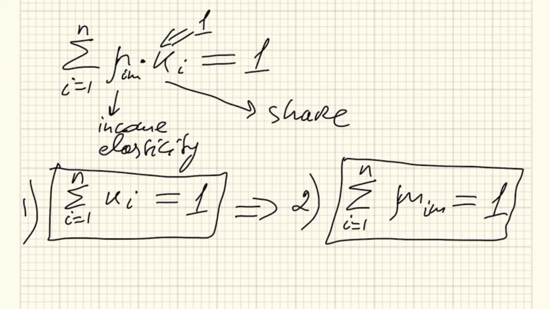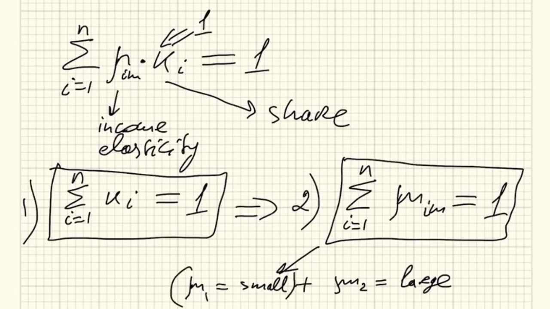What can you tell me about the summation of income elasticities being identical to 1? Well, some income elasticities must have a small number, other income elasticities must have a large number, and when you sum all of them, they must be equal to 1.